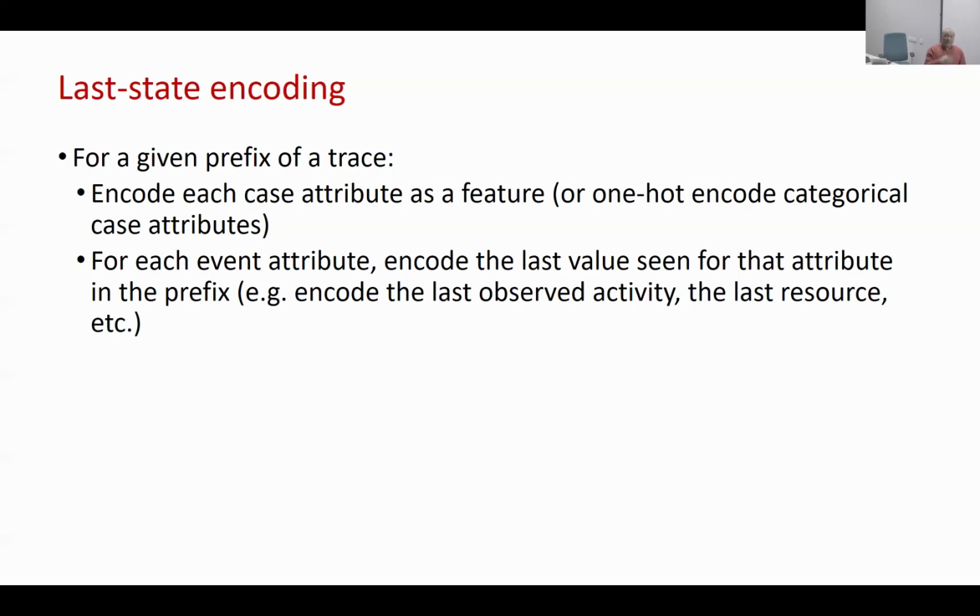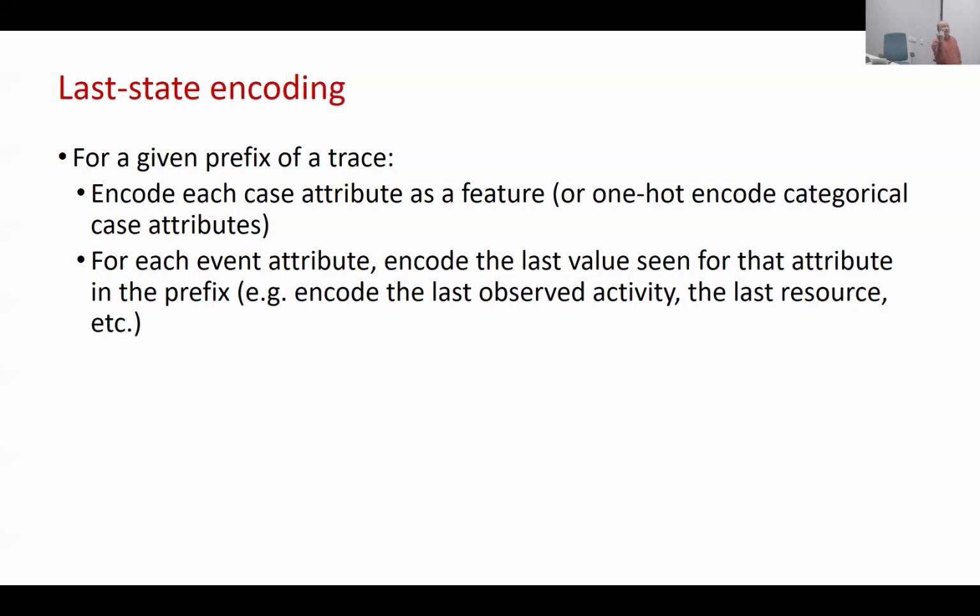So how do I encode that? The last state encoding tells you, bugger off, just take the last observed value. So just take the last observed activity label in the prefix, the last resource who executed that activity, and the last value of each other event attribute. So you remove completely the sequentiality.